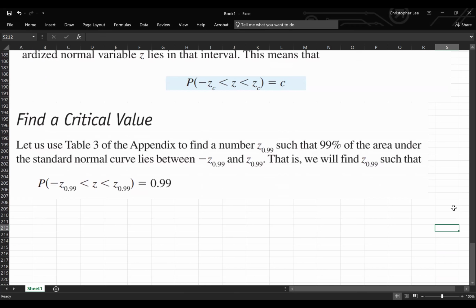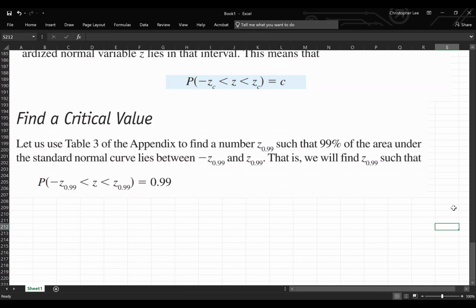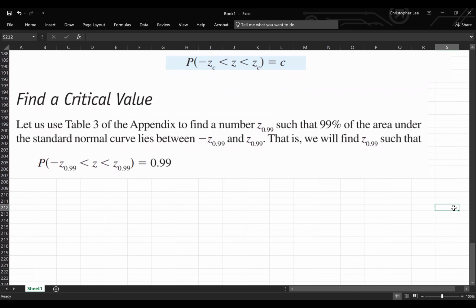So that says P of negative z critical is less than z, which is less than z critical, which is equal to C. So just to make sure that I got this straight, Professor, one more time: P of negative Z critical less than Z less than Z critical equals C. Yeah, that's what you're saying.